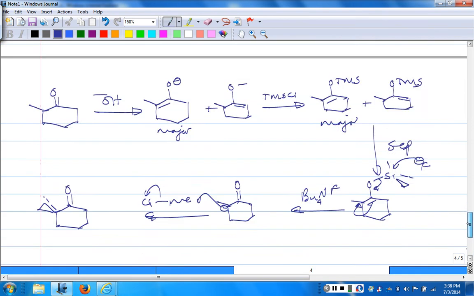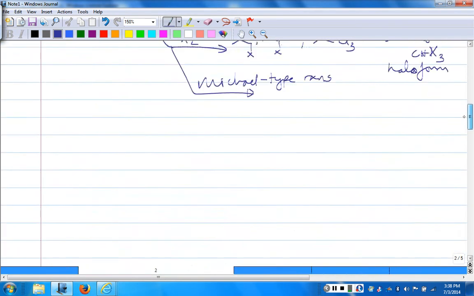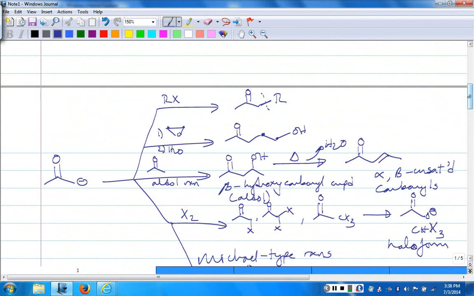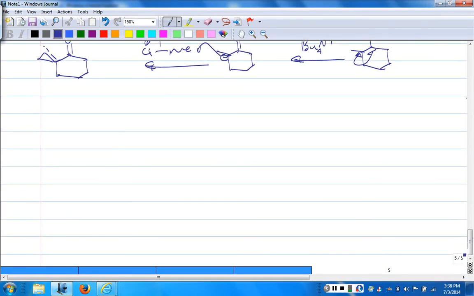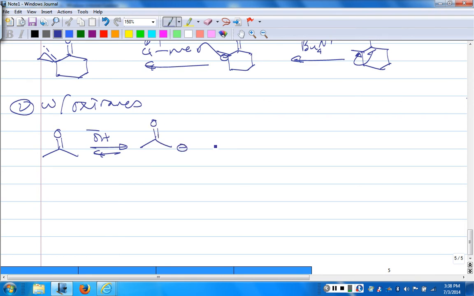The other reactions that we looked at, let's see, is reaction with oxiranes. So let's call this reaction number 2, with oxiranes. This is actually fairly simple. We've seen oxirane chemistry before. So I can take my carbonyl compound, treat it with hydroxide. That will generate the enolate. If I treat the enolate with an oxirane, then I'm going to have a nice simple SN2 reaction.